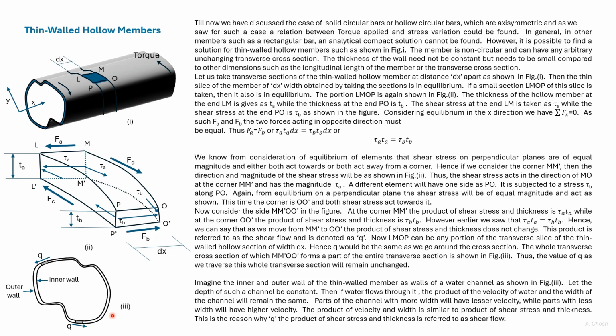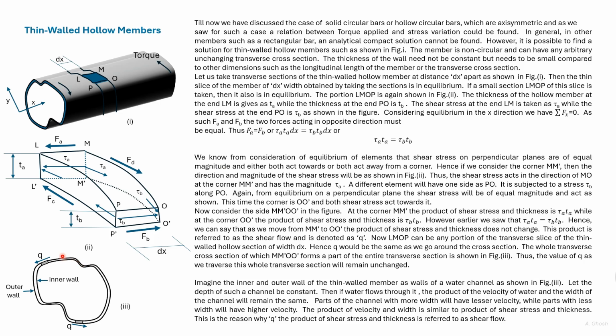So here we have shown a diagram of the cross section. This section is perpendicular to the axis of the member. The shear flow will remain the same. There's an inner wall and an outer wall, and the shear flow will not depend upon where the thickness is small or where the thickness is more.